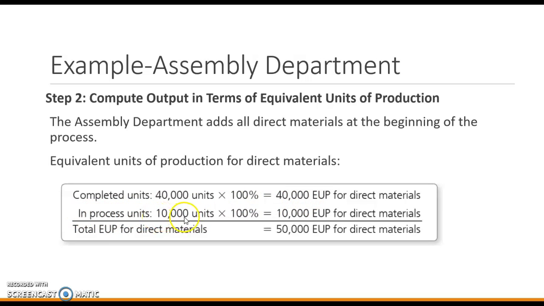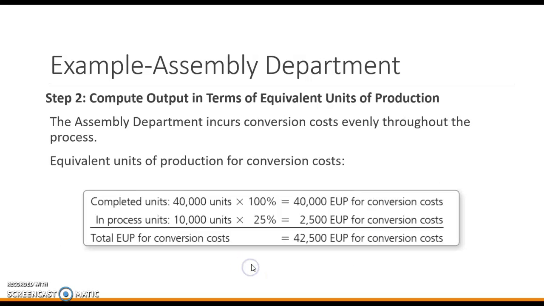And the 10,000 units that are left over, well, they also are 100% complete as far as direct materials go. So 10,000 times 100% is 10,000 equivalent units. I add the 40,000 plus the 10,000. That gives me 50,000 equivalent units as far as direct materials are concerned.